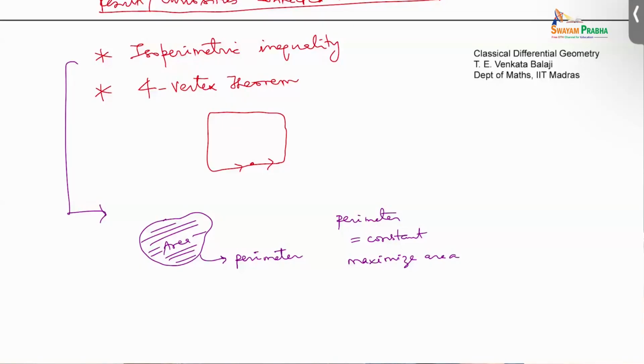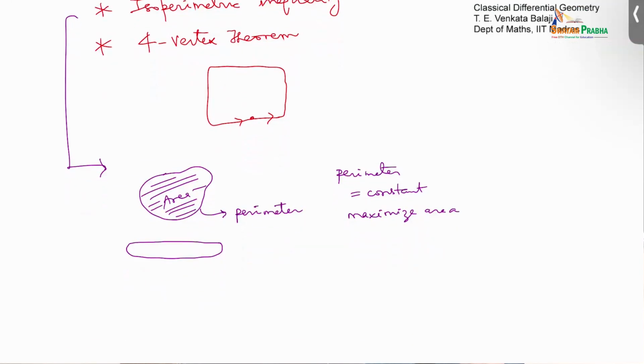You can always minimize it to any extent that you want, because I can keep flattening this. I can put something like this, and then I can make it even more like this. And then the area that it encloses is becoming smaller, and if I really stretch it out, it will almost become 0. So what we are interested in is trying to maximize the area.